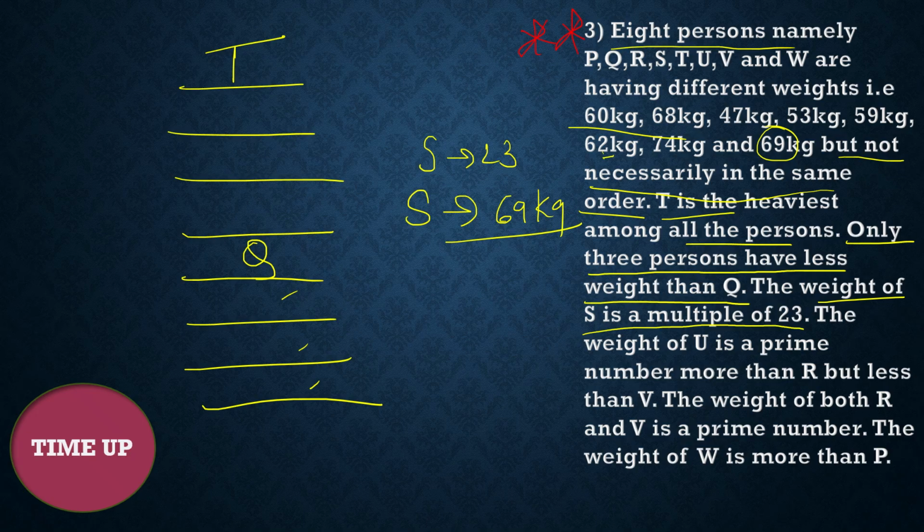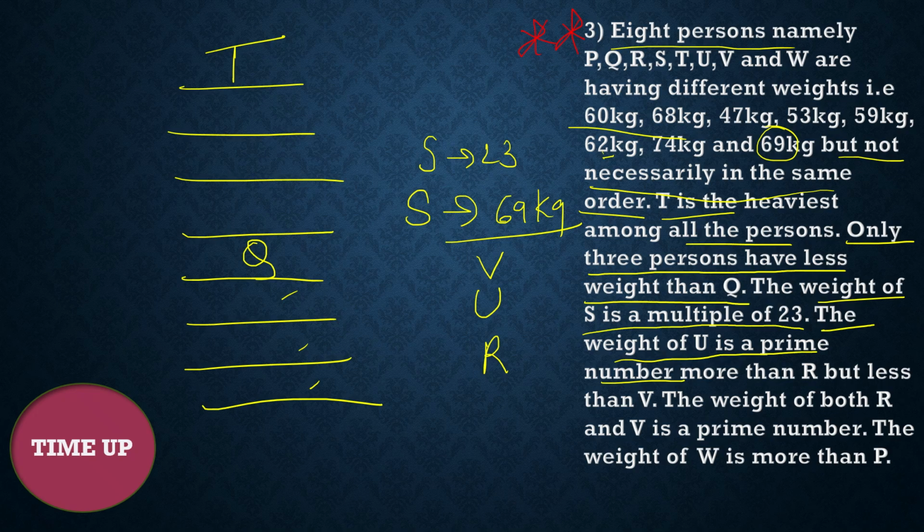Understanding? Then next, the weight of U is a prime number more than R. U is more than R means the weight of U is more than R but it is less than V. Okay.